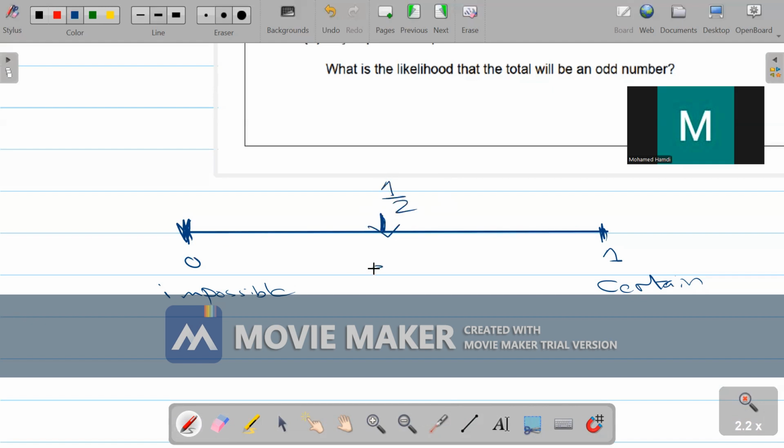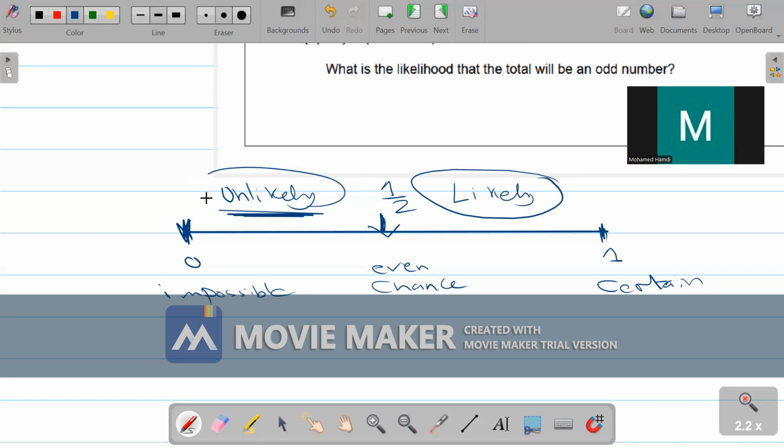Between 0 and 1 half, we can say this is a weak chance or unlikely. I mean, less than 1 half, it's an unlikely event. From 1 half to 1 whole, it's likely or good chance. It's likely to happen.